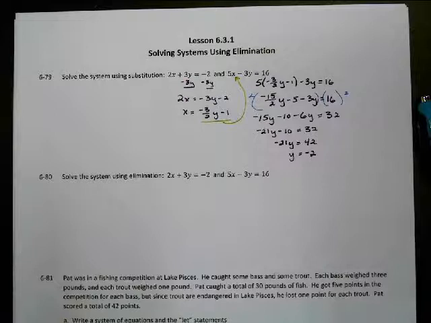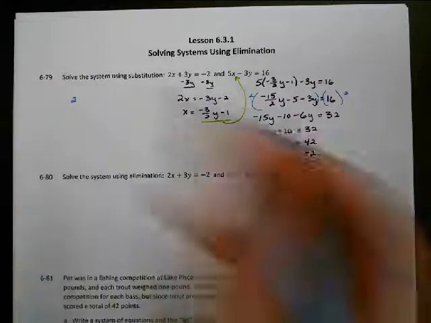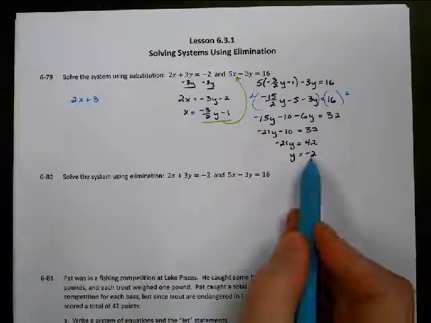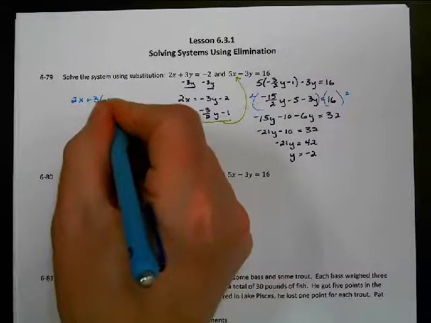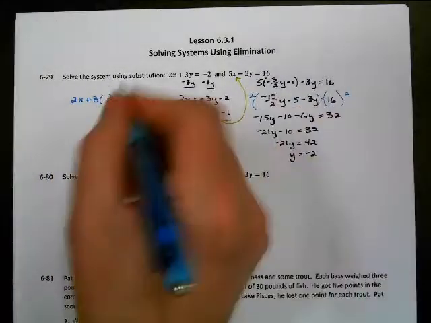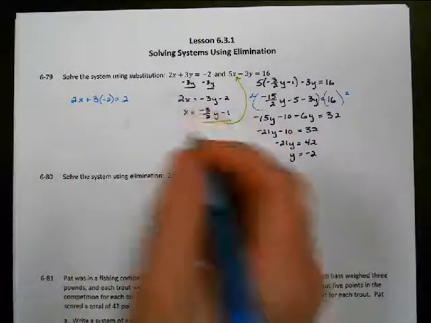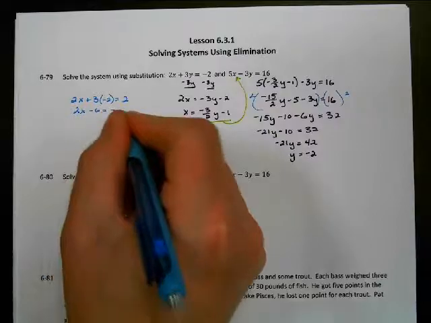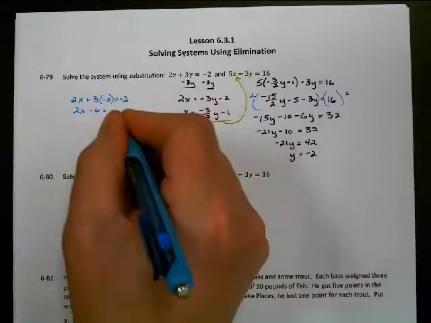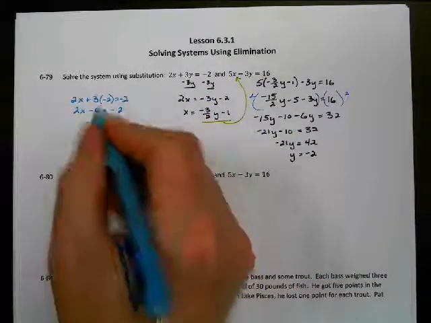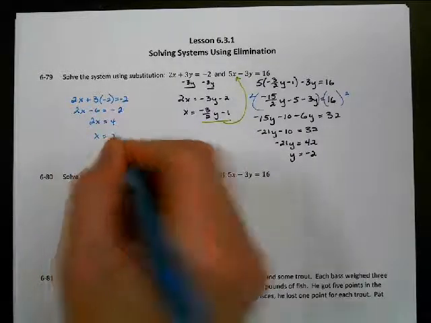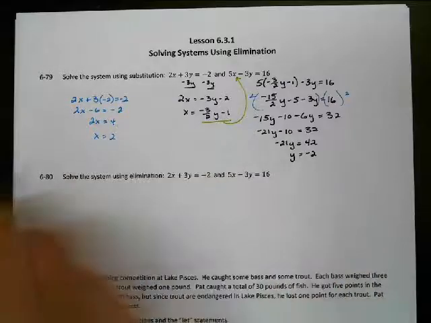So I'm going to do 2x plus 3, and instead of y, I'm going to plug in negative 2, and then equals 2. So this is 2x minus 6 equals 2. I'm going to add 6 to both sides, and I get 2x is equal to 4, so x is equal to 2. All right, so I think my answer is 2, negative 2.